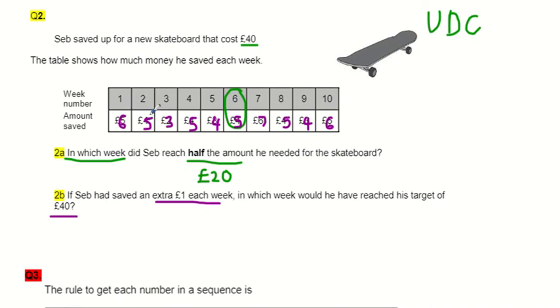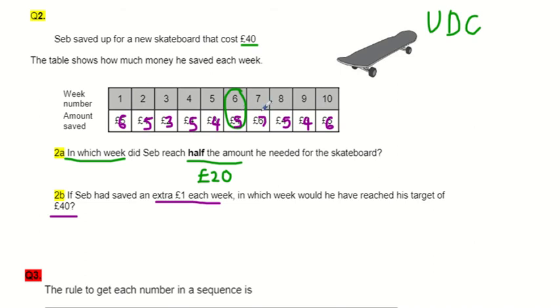So 6 and 5 is 11. Add 3 is 14. Add 5, 19. Add 4, 23. Add 5, 28.